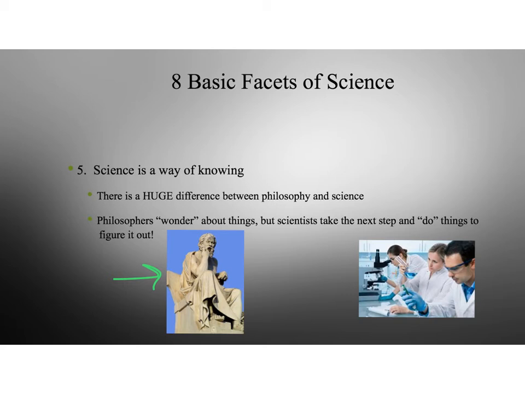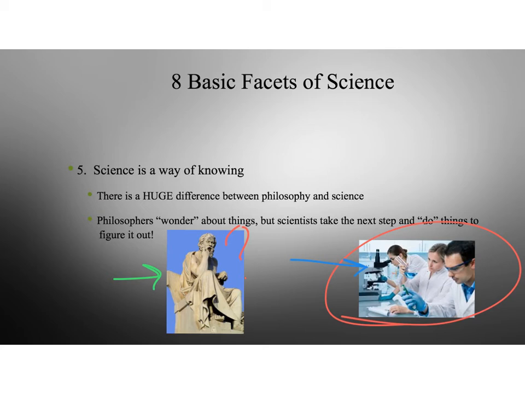But scientists, on the other hand, are the doers. They're figuring out why and how things actually work. So these guys are questioning, and these guys are finding the answers. Okay, so it's not really philosophers versus scientists, like a big battle between the two. It's just different ways to know things and think about things.